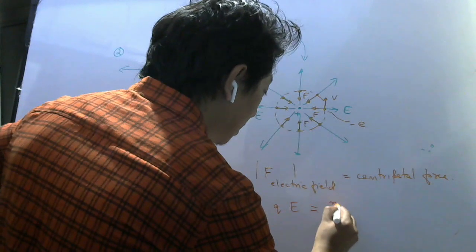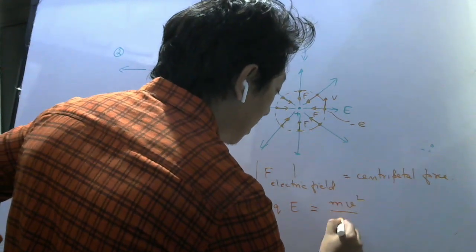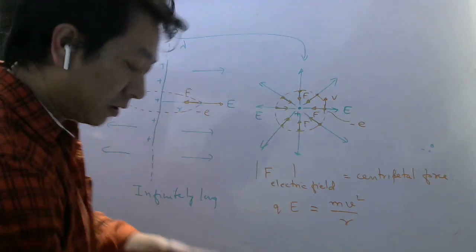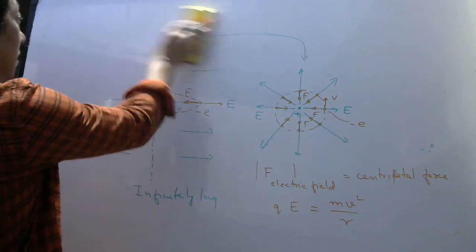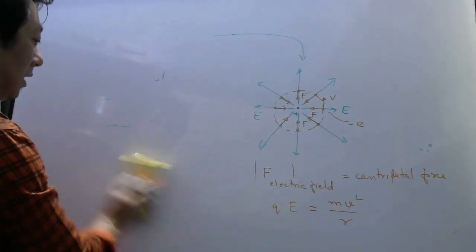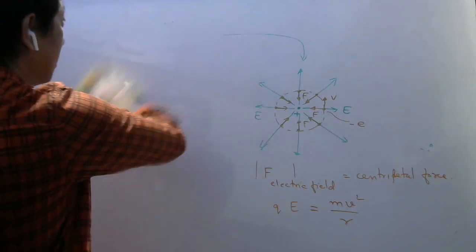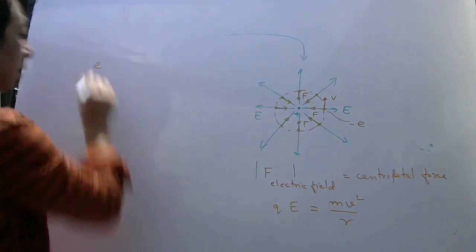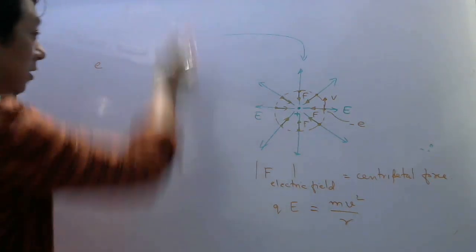What is the formula for centripetal force? mv squared by r. Yes or no? And for the electron, how do we write the charge? In magnitude, we write e, no? 1.6 into 10 power minus 19 coulomb. So this Q will be e. And what was the electric field due to this line charge?